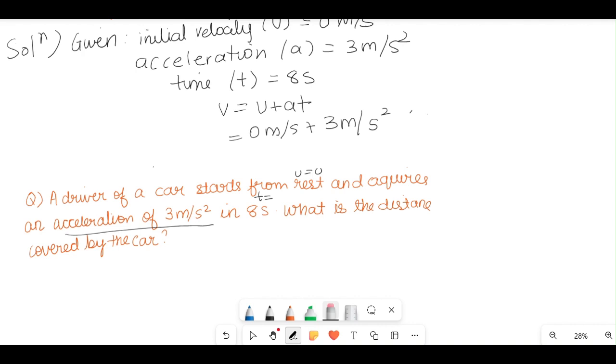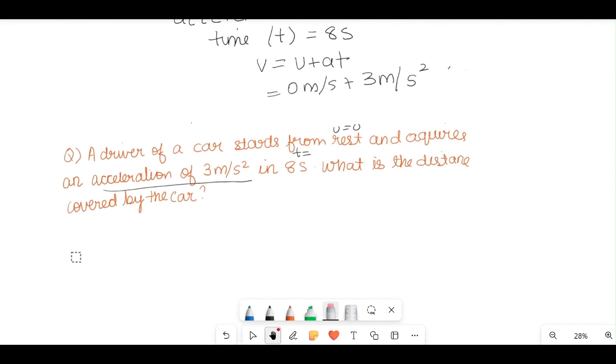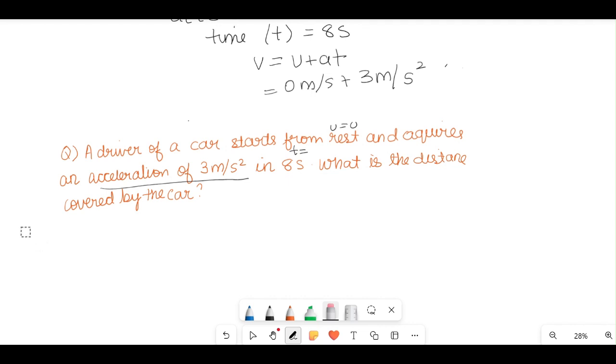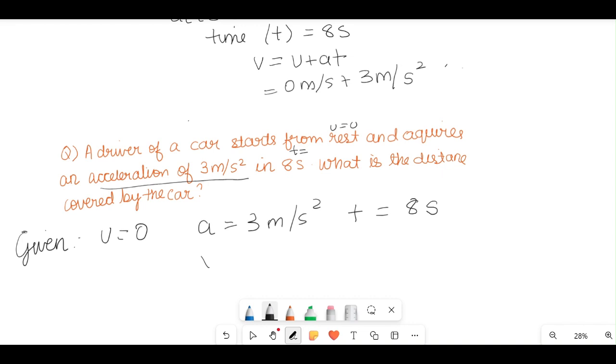Let's write whatever is given. Given is U, which is 0. Acceleration is equal to 3 meters per second square. Time is 8 seconds.